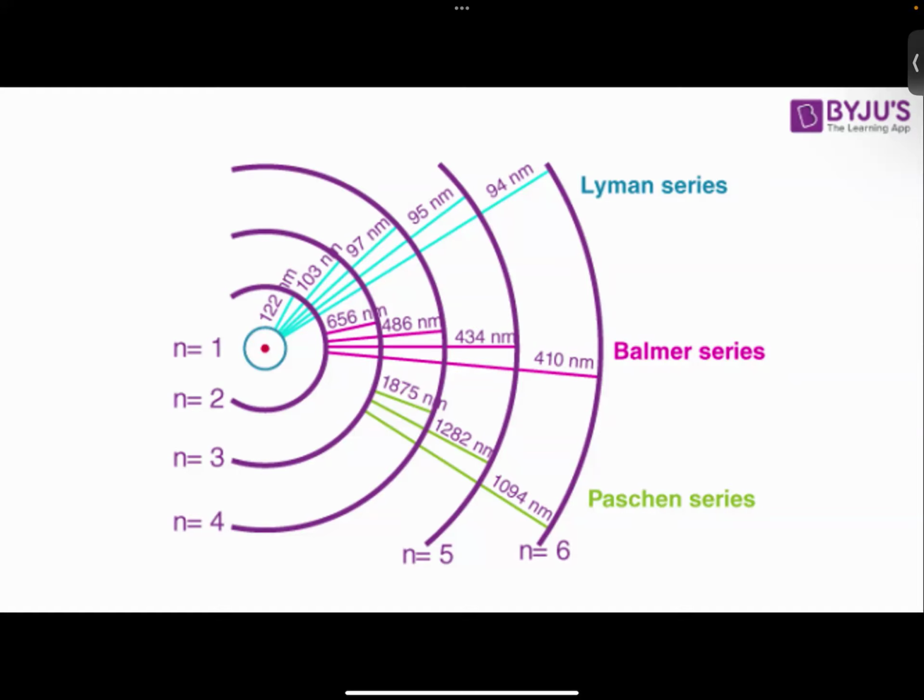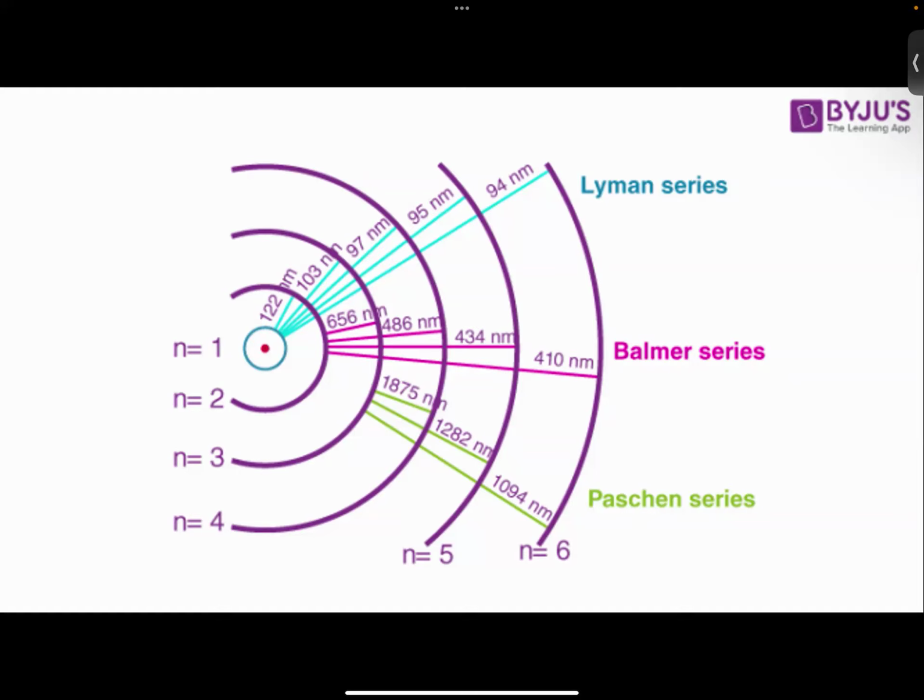You're not just exciting one electron at a time, you're exciting a whole bunch of atoms at a time. Some of them will relax down to 2, but some of those electrons will go all the way down to 1. If they go all the way down to 1, then you're going to get ultraviolet radiation, the Lyman series. So if you see ultraviolet radiation in the homework problems, that means it relaxed all the way back to n equals 1.